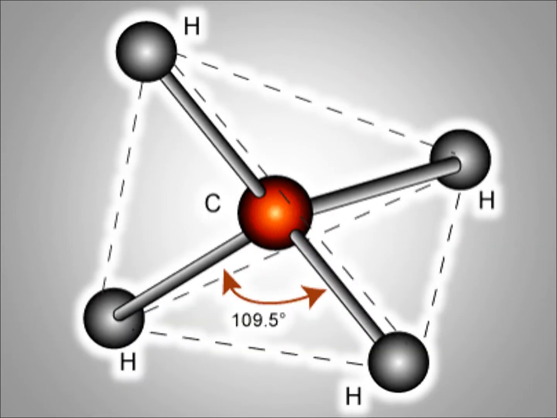So what is the angle between the bonds? Well, it turns out it's not a nice and neat number. It's 109.5 degrees. Ooh, that doesn't sound good. That sounds gross. We like things like 90, 120, 180. Those sound great. Even 45 isn't too bad. But 109.5? That just doesn't sound right.